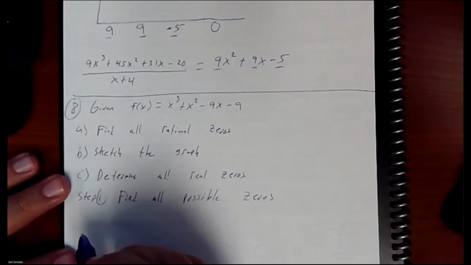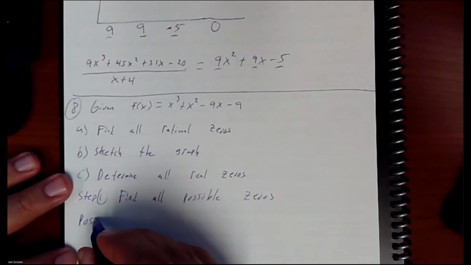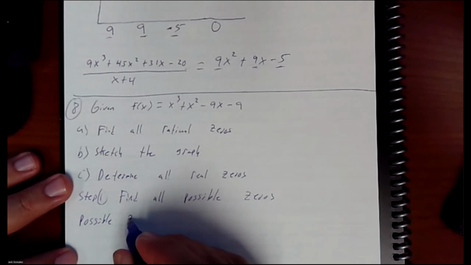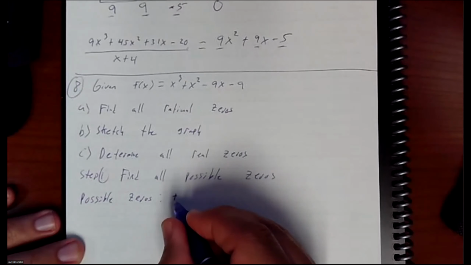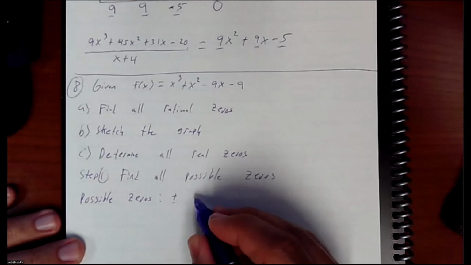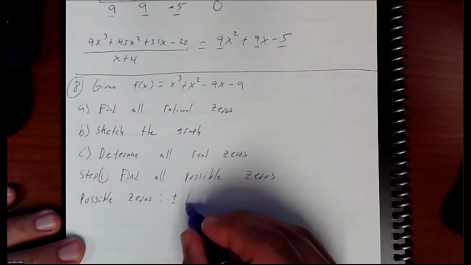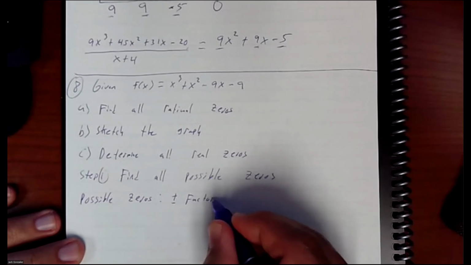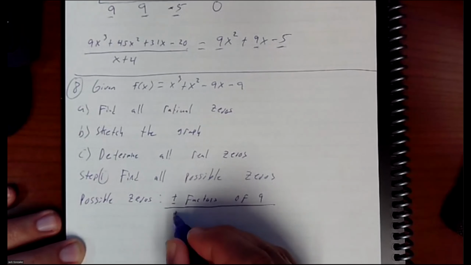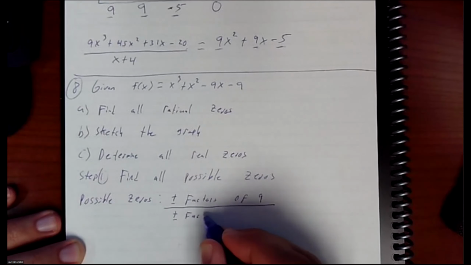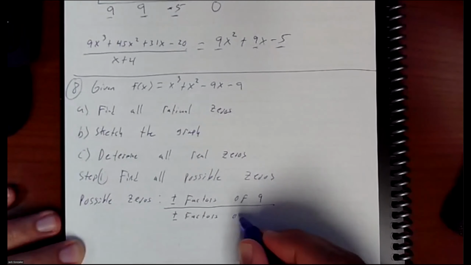So possible zeros are going to be the combinations of plus or minus factors of 9 divided by the combinations of the factors of 1.